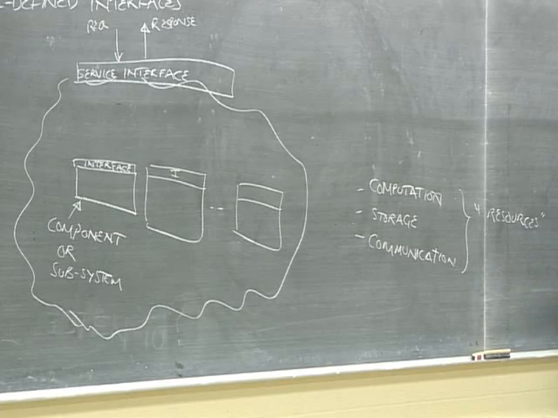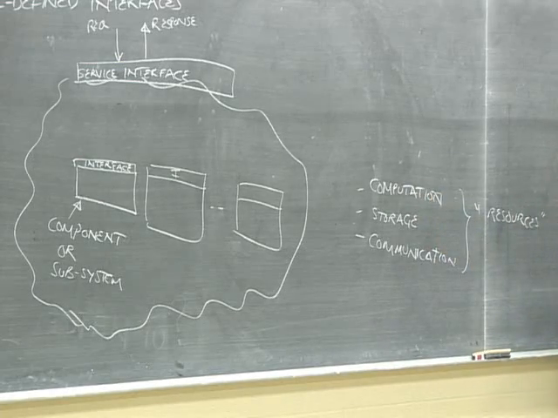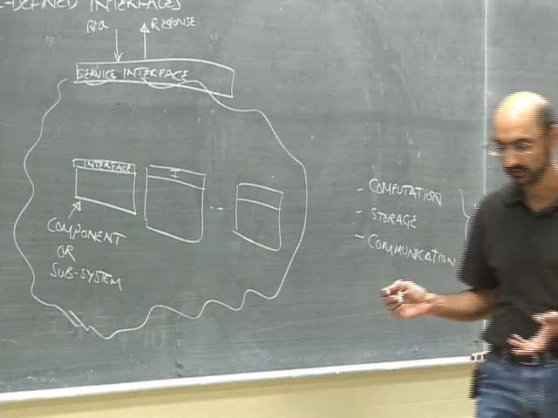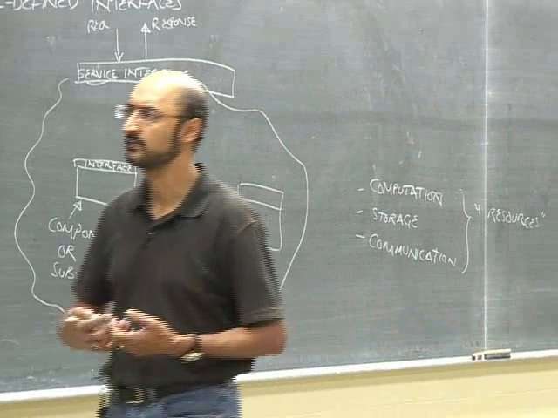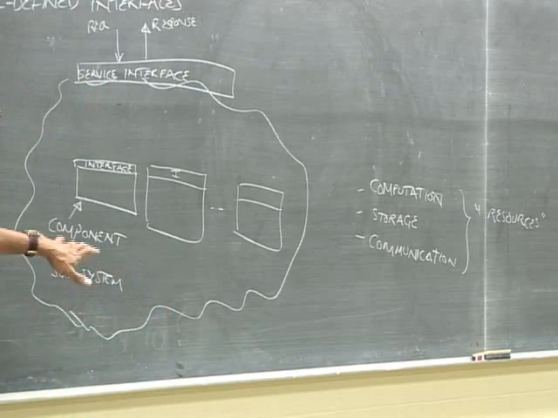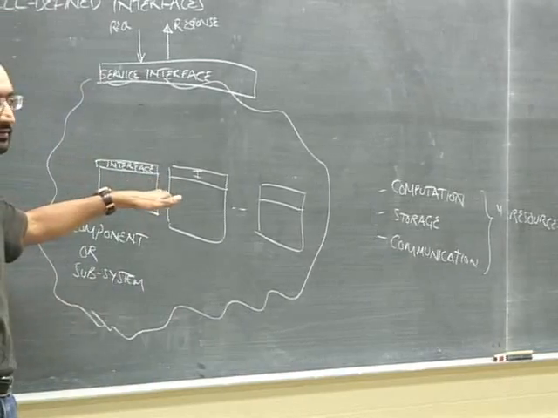So you can take any application, any system, and decompose it into these three different elements, okay? This is true whether it's distributed or centralized. Any system is going to have this. However, with the distributed system, we are going to have a little bit more to it, and I'm going to come to that in a moment. But before I do that, any questions about this so far, what a system is?